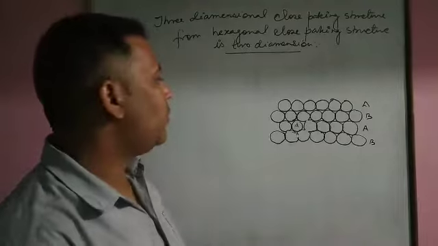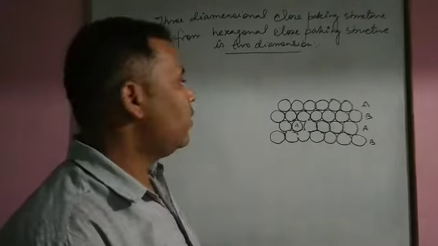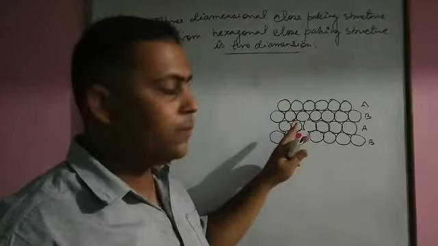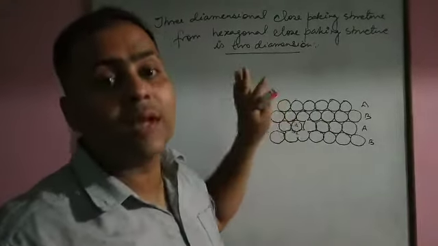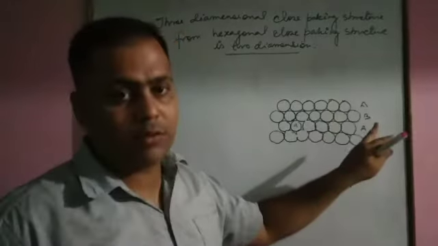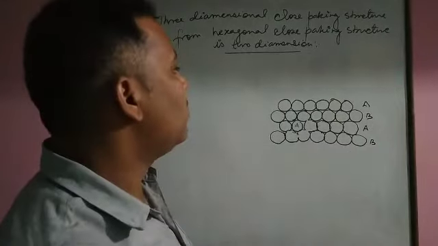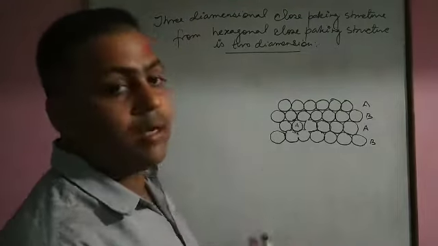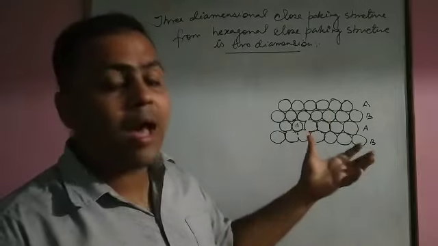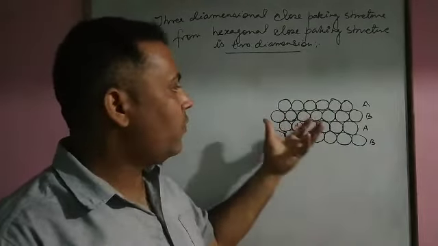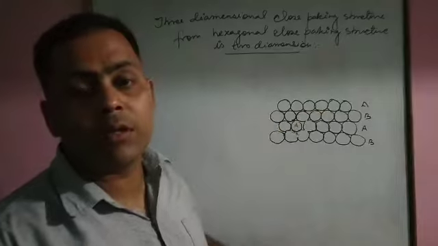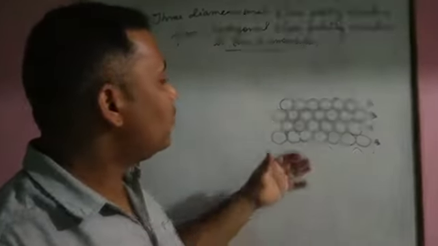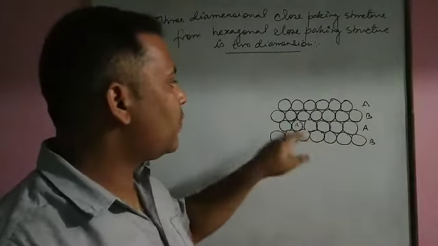How do we form it? We are going to place the spheres of the second row in the depressions of the first row. Let us see where to place the atoms. I am going to draw it. Listen to me. We are going to place the spheres of the second row in the depressions of the first row.